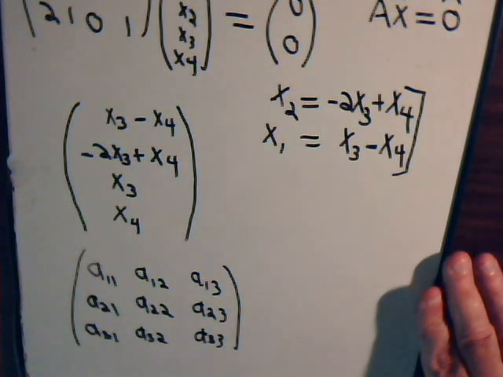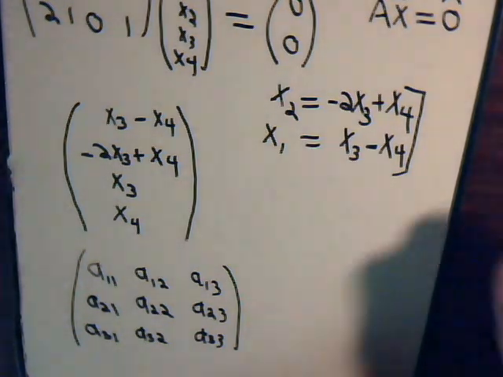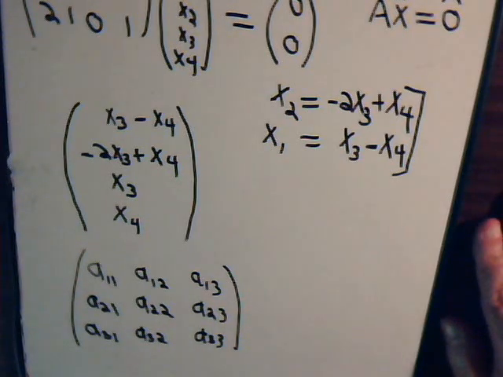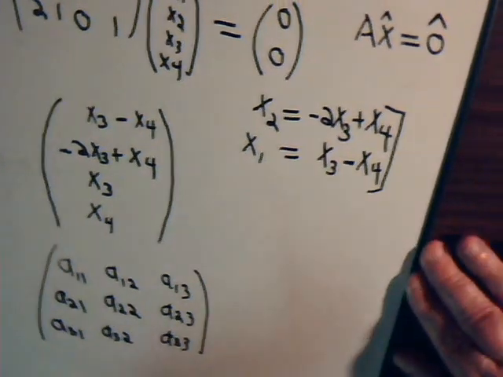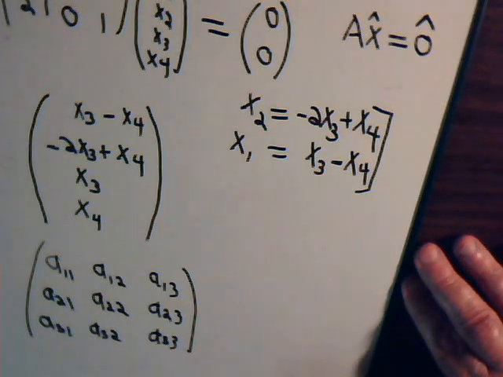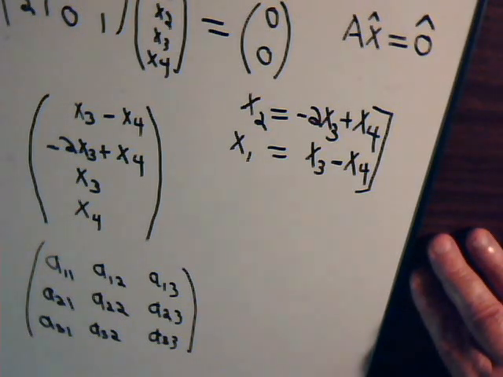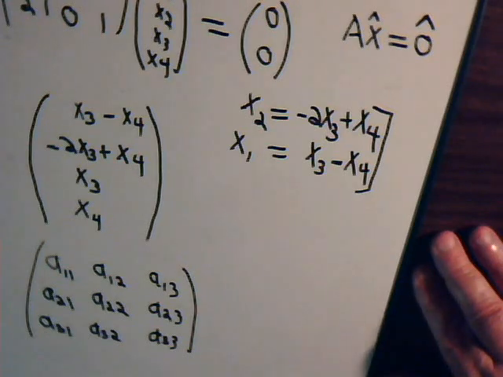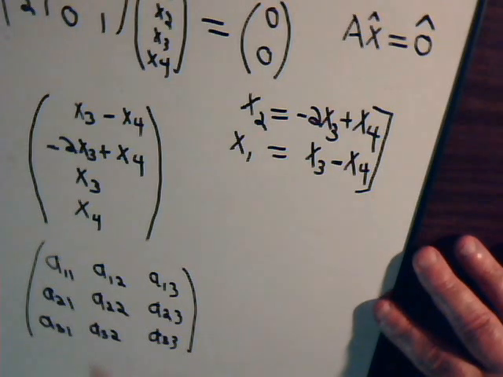What we said is that the dimension of the column space, the number of linearly independent vectors in the column space, is equal to the number of linearly independent vectors in the row space. And what determines that? The number of lead variables. So the number of lead variables determines the dimension of the column space, and it determines the dimension of the row space. The number of free variables determines the dimension of the null space of the matrix.